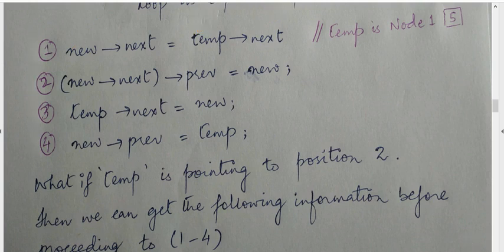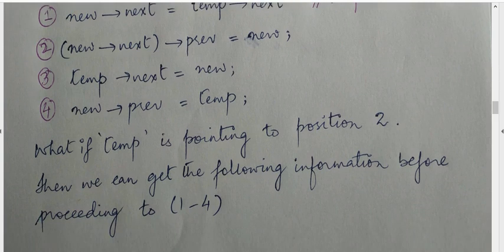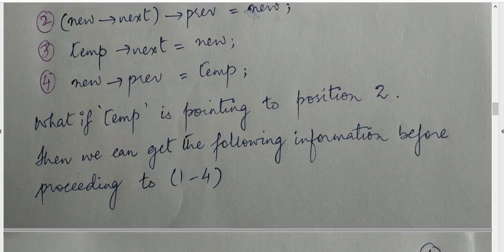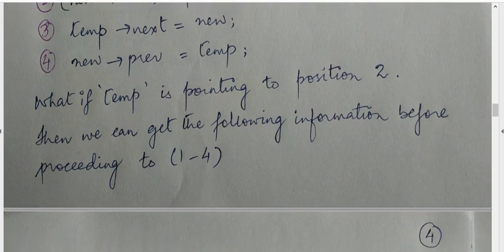Okay. So now, like I said, in a doubly linked list you have a little more flexibility of where to stop to add at a particular position. What if you are to add at position 2 and you stop at position 2? That means you have to add before that so that your new node is position 2.